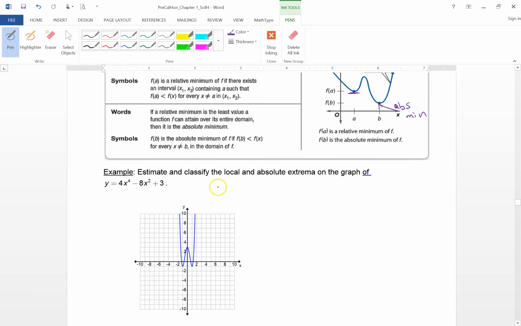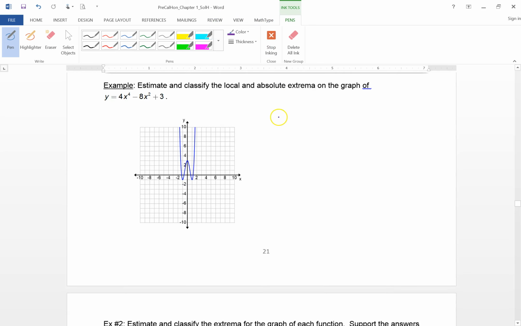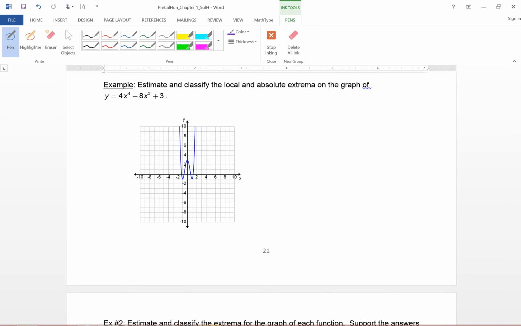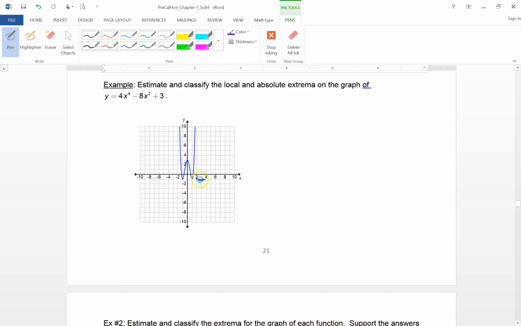Now, estimate and classify the local and absolute extrema of the graph of this. So there can be two absolute, right. And it's just -1. So here and here, you have minima. Okay?